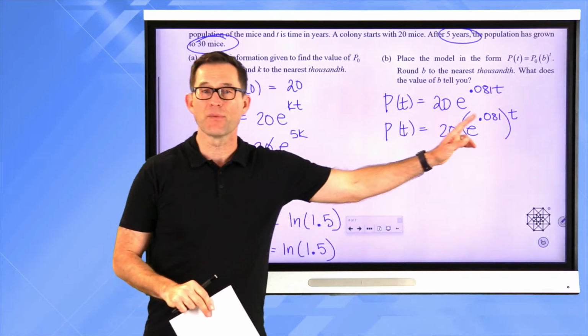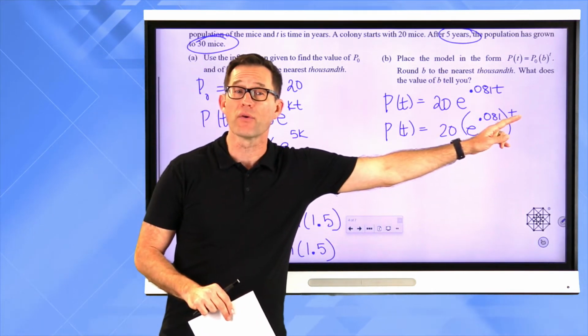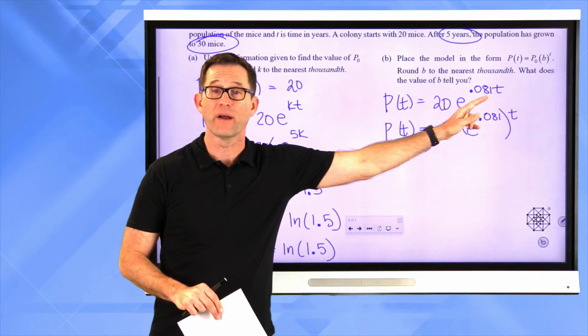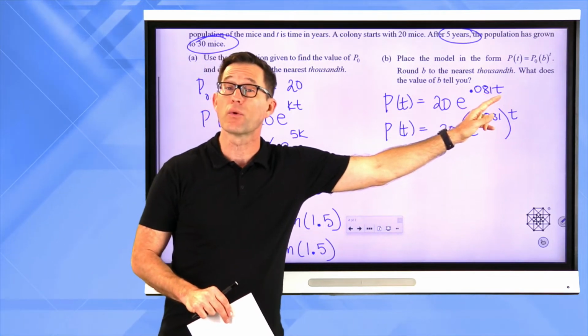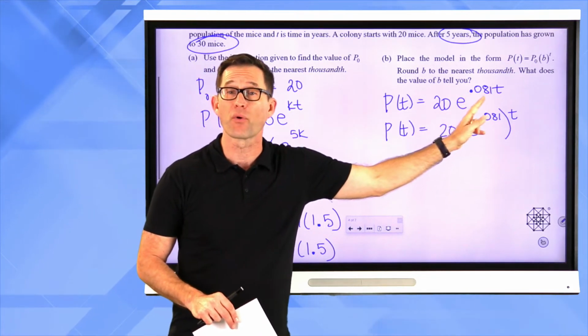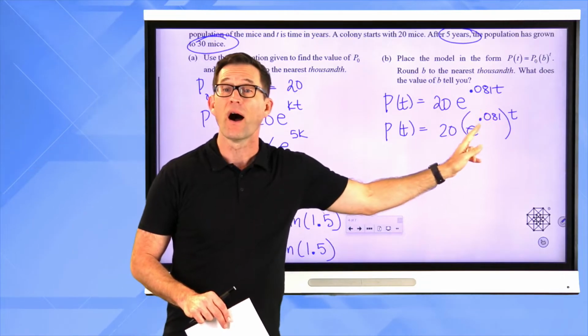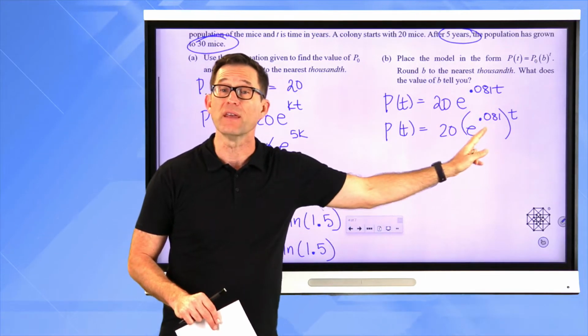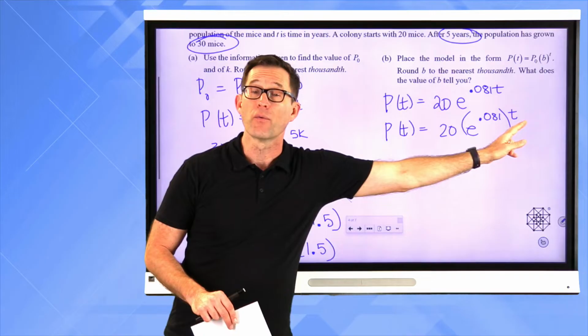Because when we have something raised to an exponent raised to another exponent, we multiply their exponents. But we can use that in reverse, so I can rewrite this by just having e to the one exponent, then raised to the t.